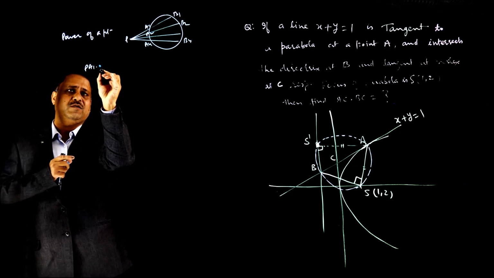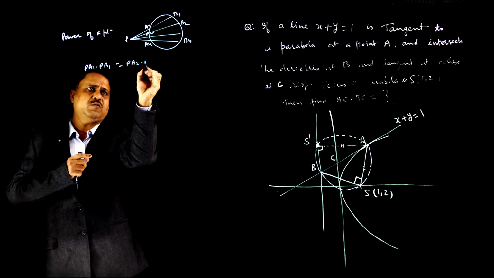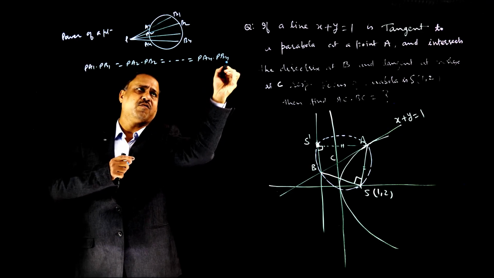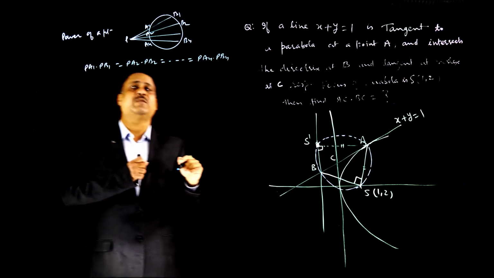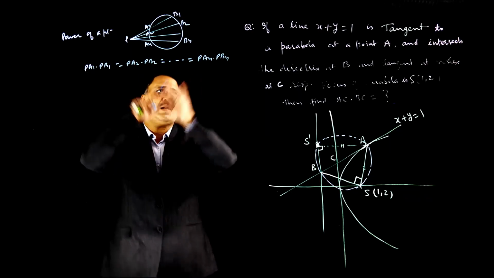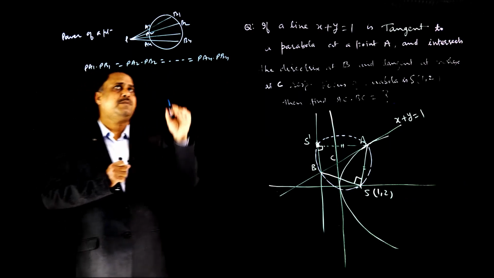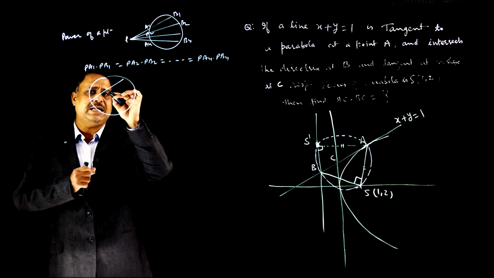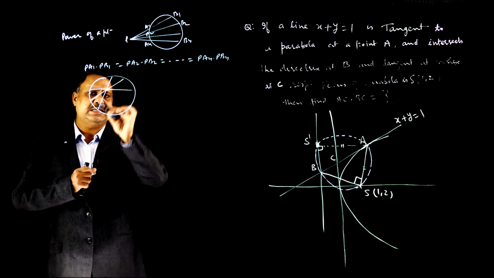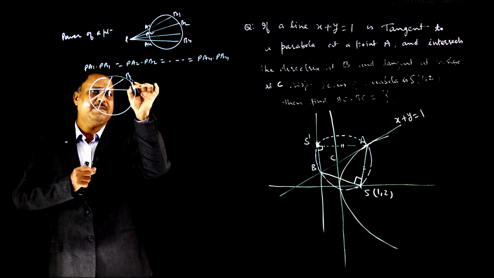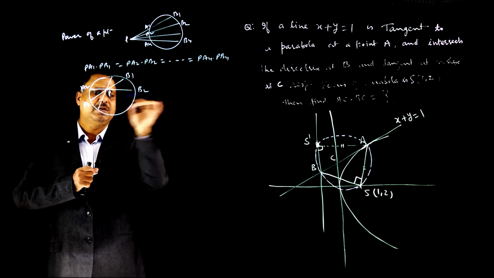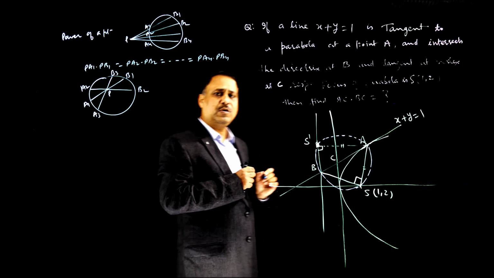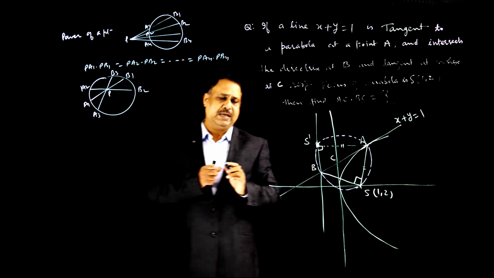That means PA1 into PB1 is equal to PA2 into PB2, and all these will be equal to PA4 into PB4. If P is outside, this is equal to PT square, they are all constant. Even if the point is inside, suppose P is inside like this, then also we can draw many secants through it, and this property holds. This is known as the power of a point with respect to a circle.